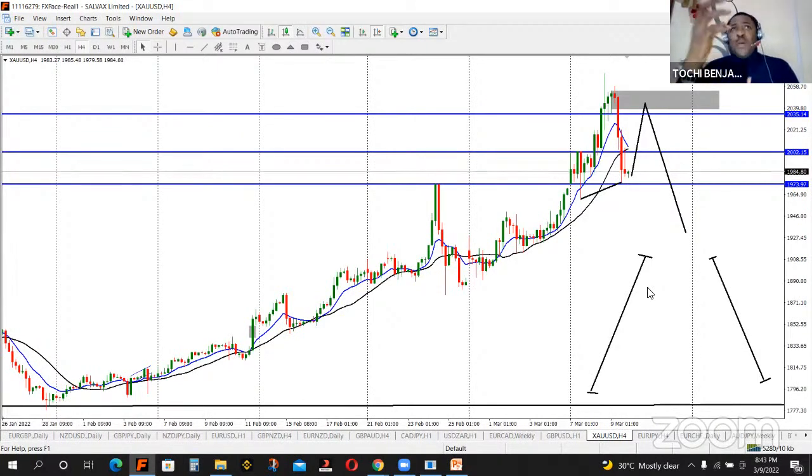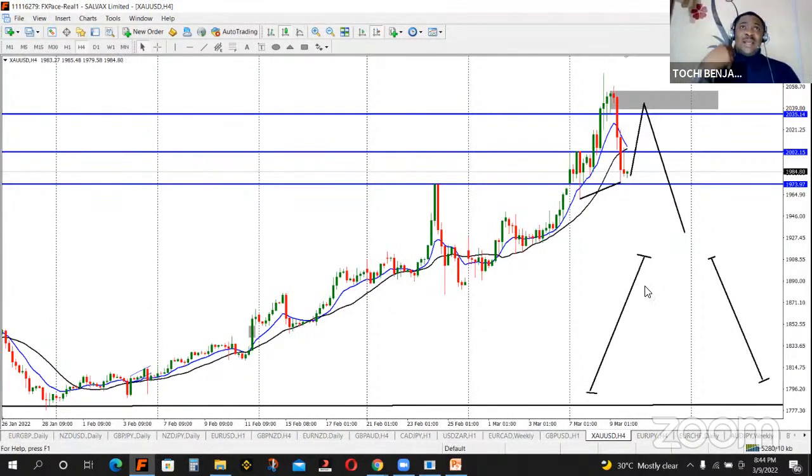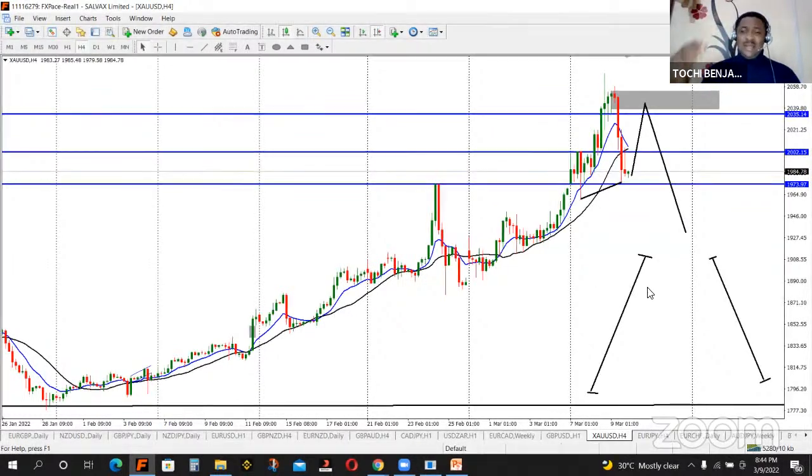So the market coming back is coming back to attract more buyers to engage the market so that they will push and take out that high. Because it is momentum that takes out a high, that takes out a former resistance and turns it into a support. It is momentum that does that. What about support and resistance? We elaborated on that, and that's actually not what we're talking about here.